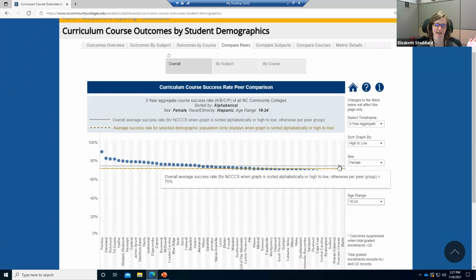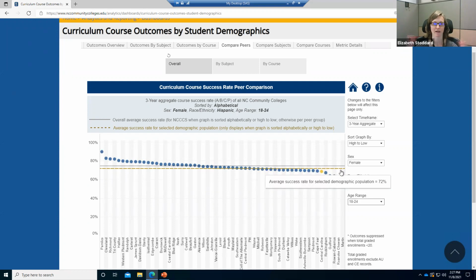The overall NCCCS success rate is 75%, and the overall success rate for Hispanic female students in the 18 to 24 age range is 72%. So you can use these filters to get down to specific demographic populations, and then you can see how that population compares to success as a whole across the system.